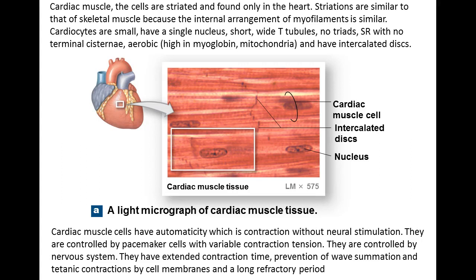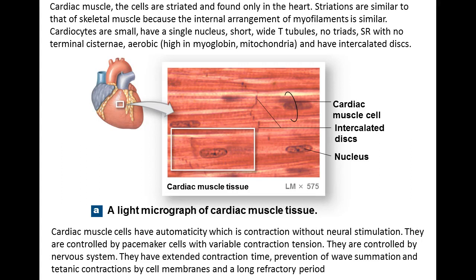And they are almost exclusively aerobic. As a matter of fact, I think they are exclusively aerobic. They're high in myoglobin, so they're high in the ability to bind oxygen, and they have many mitochondria, so they're high in the ability to utilize oxygen and make ATP.